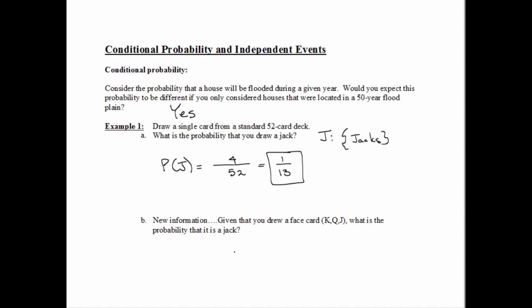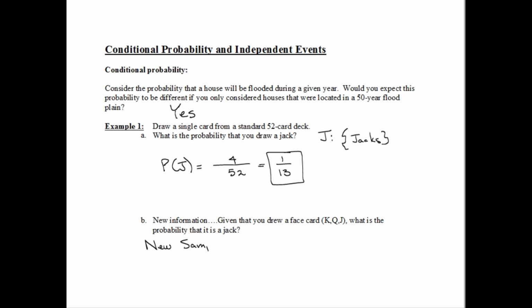Now, let's put a restriction on our cards and give some new information. Let's assume that we know we have drawn a face card. In that case, what is the probability that it is a jack? What we've essentially done is changed the sample space.